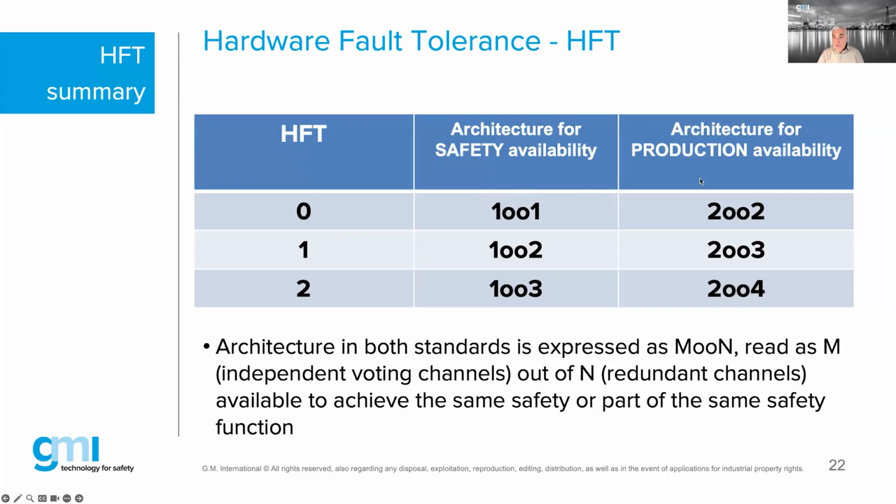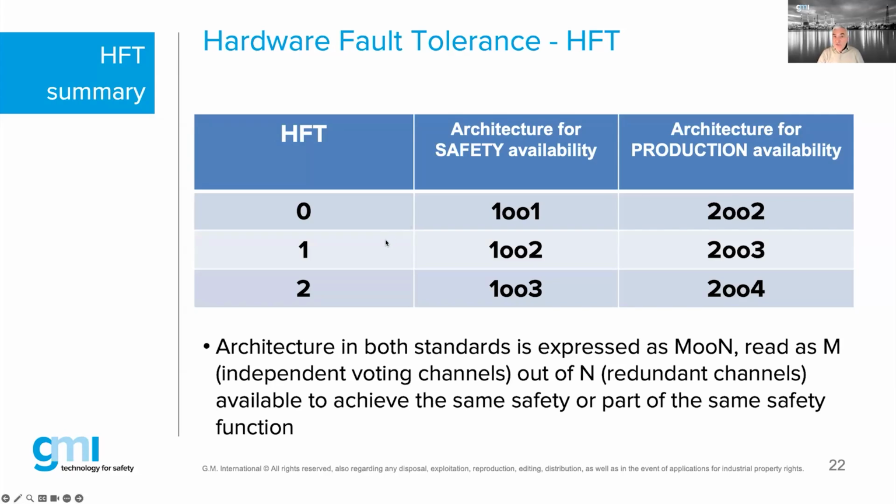That means if production also requires a certain availability, the architecture for production availability can also be a 2 out of 2, because then, as we will see later on, they can have one spurious trip and still not trip their production.